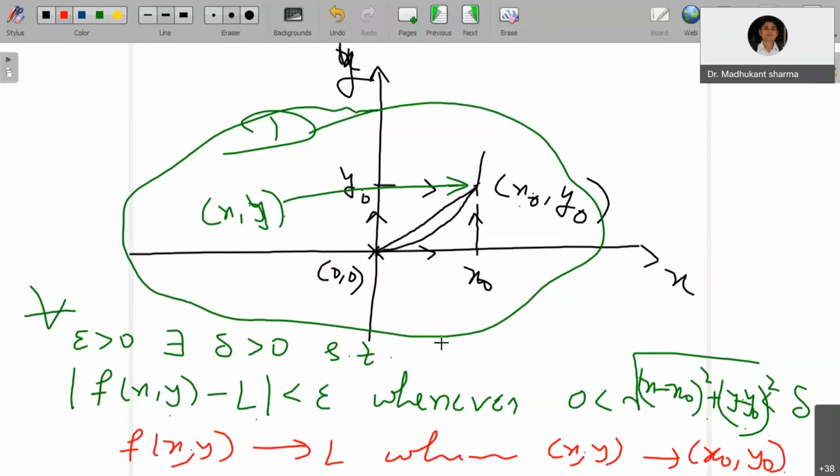In this fashion, I think you can now generalize it to three variables as well.